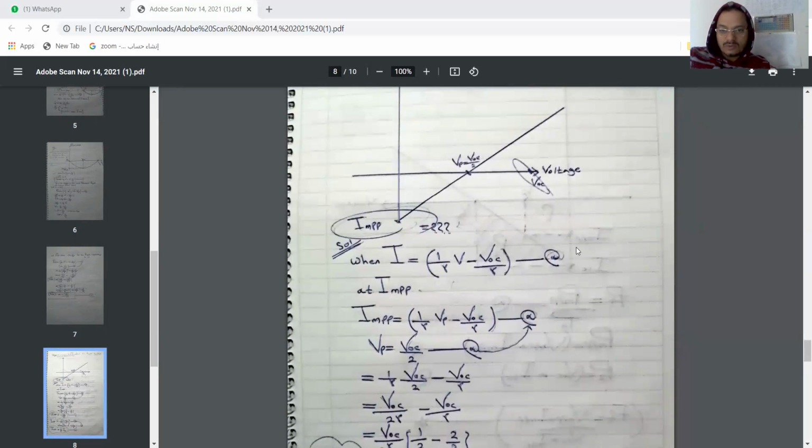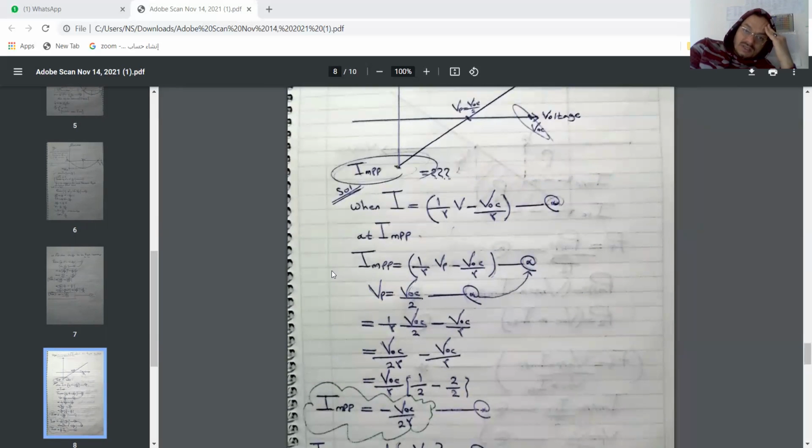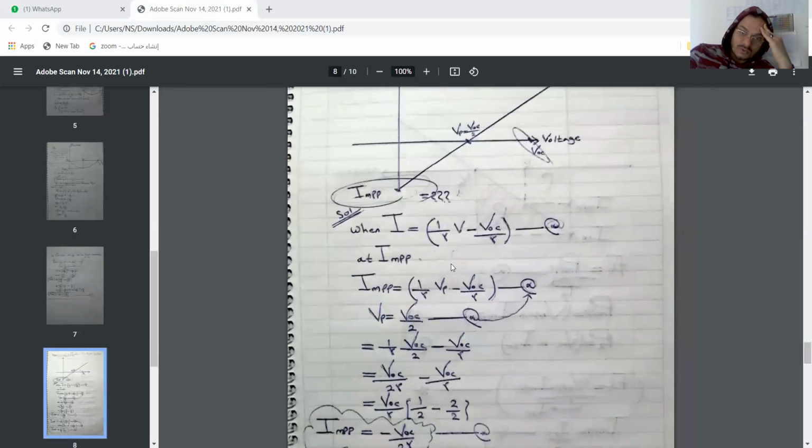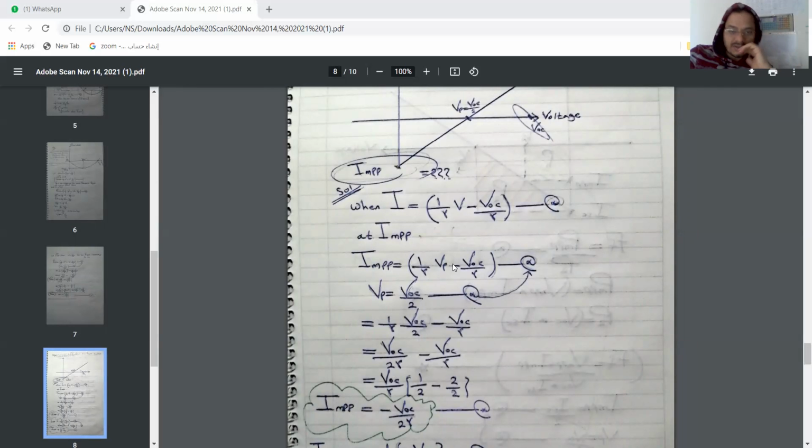Let's come back to the general equation, I equals 1 divided by R times V minus VOC on R. Here at Impp, we will put VP instead of V in this equation and calculate the last result of I at the minimum power point.